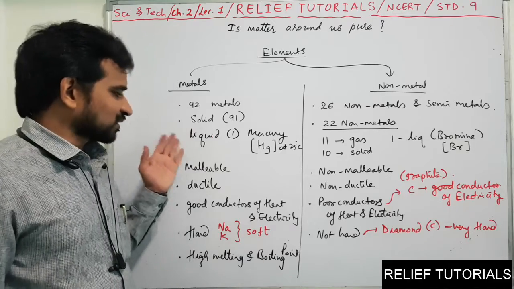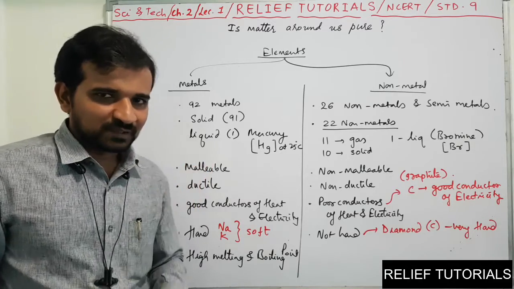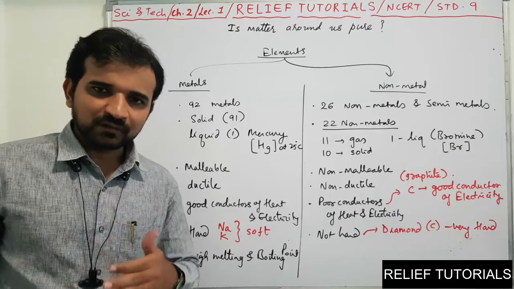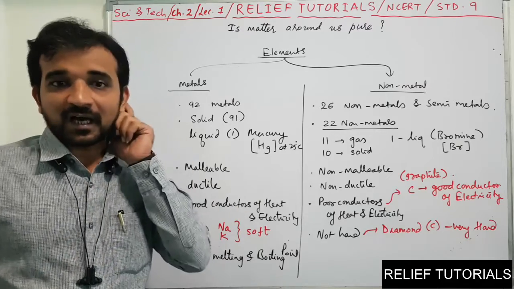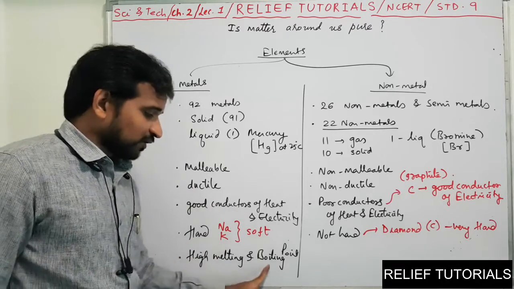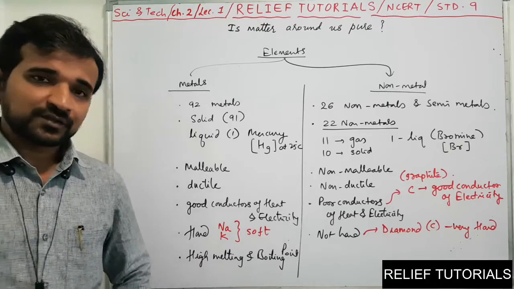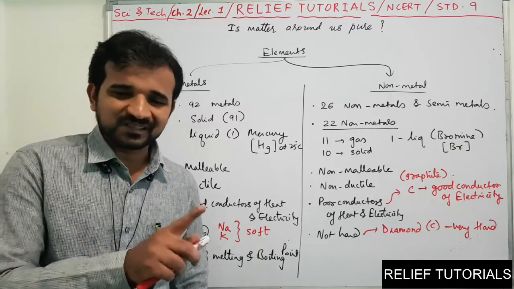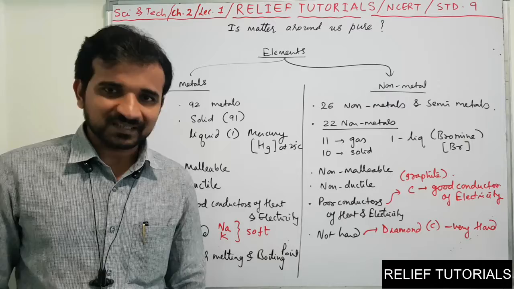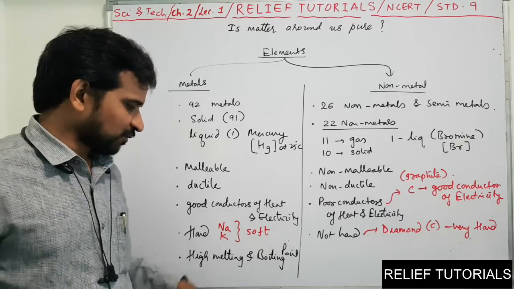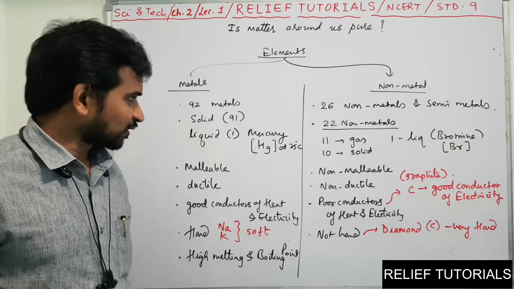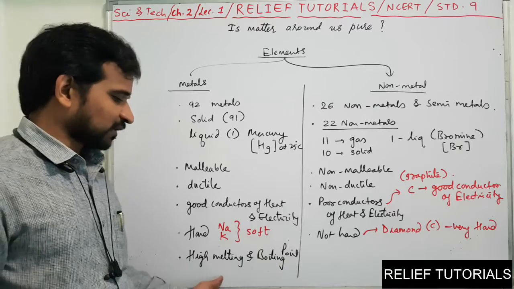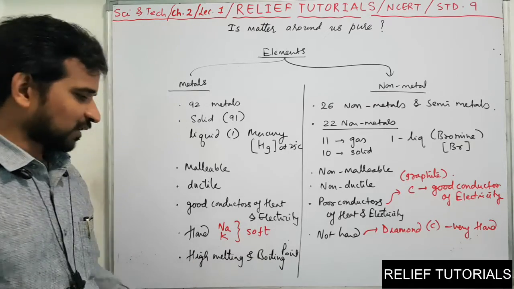Normally metals are available in solid state, so they can be converted to liquid state only at a very high temperature. Boiling point means the temperature at which a liquid boils and converts into gaseous state. So boiling points are also very high for metals.